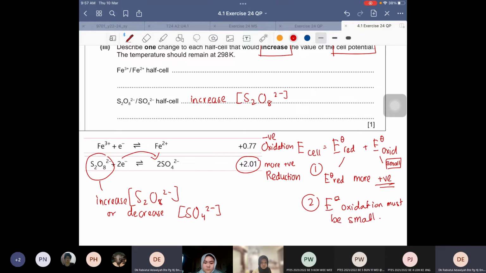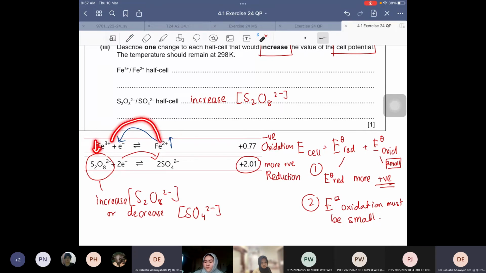To do that, we want to favor the reverse reaction, which means making it more negative. So we can increase Fe2+ so it favors the reverse reaction, or decrease Fe3+.